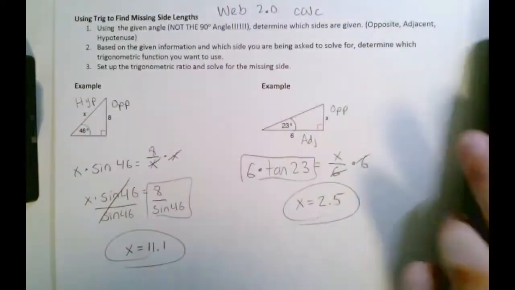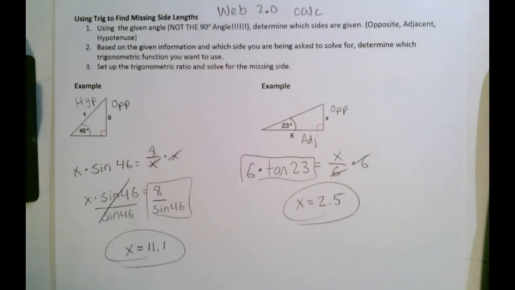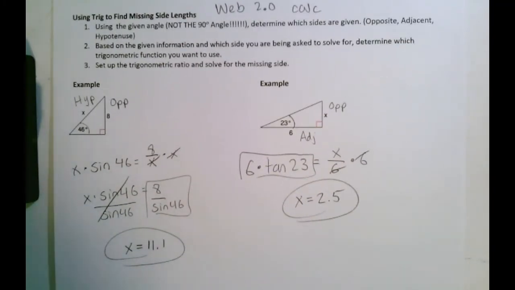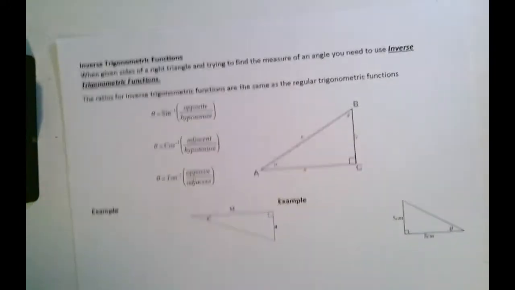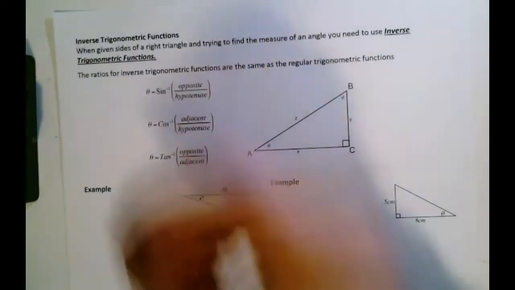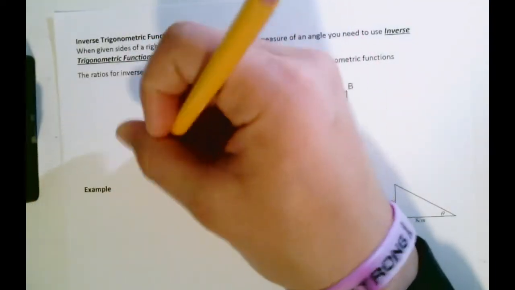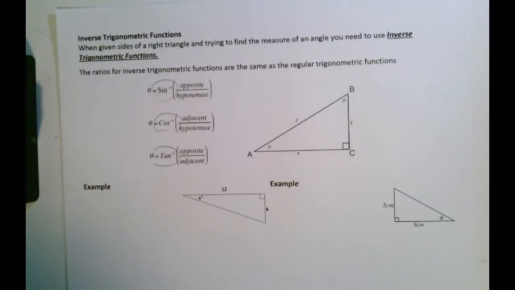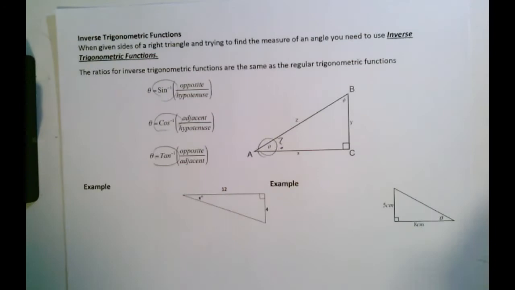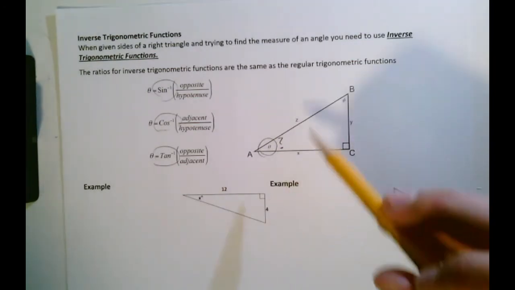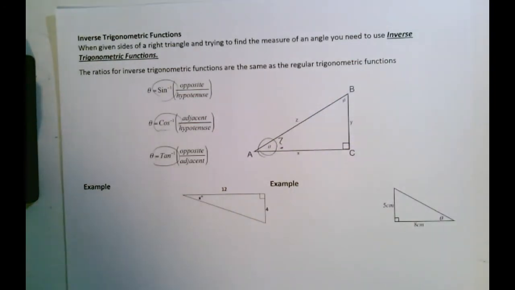So this is what you're going to do when you find missing sides, right? We set up the trig function with either opposite over hypotenuse, adjacent over hypotenuse, or opposite over adjacent, and solve using some form of inverse operations. What works differently is when we work on angles. We have to pay attention to using the inverse trig functions. We're going to be missing the angle now. This is what's going to be missing in my picture, and I'll have either opposite, adjacent, or hypotenuse, so I can set up some relationship.